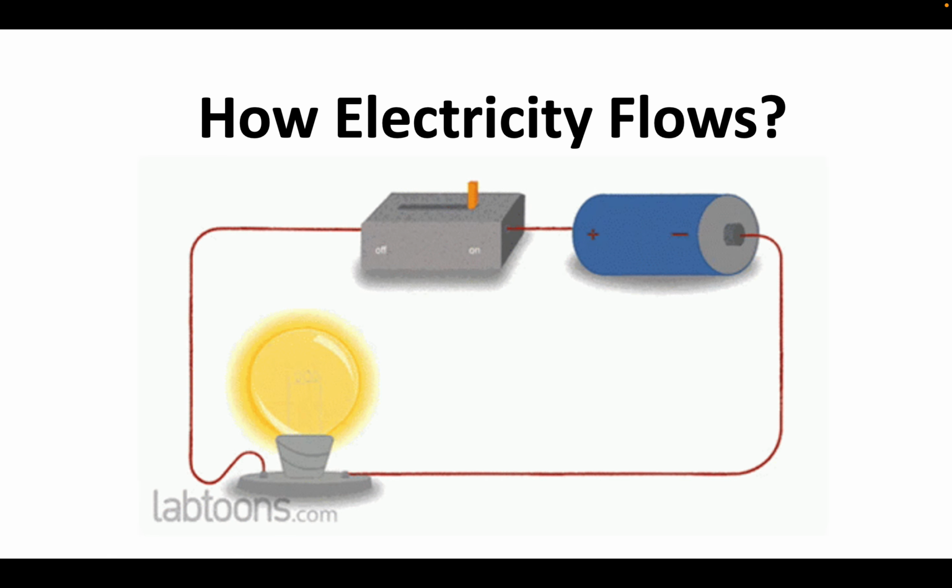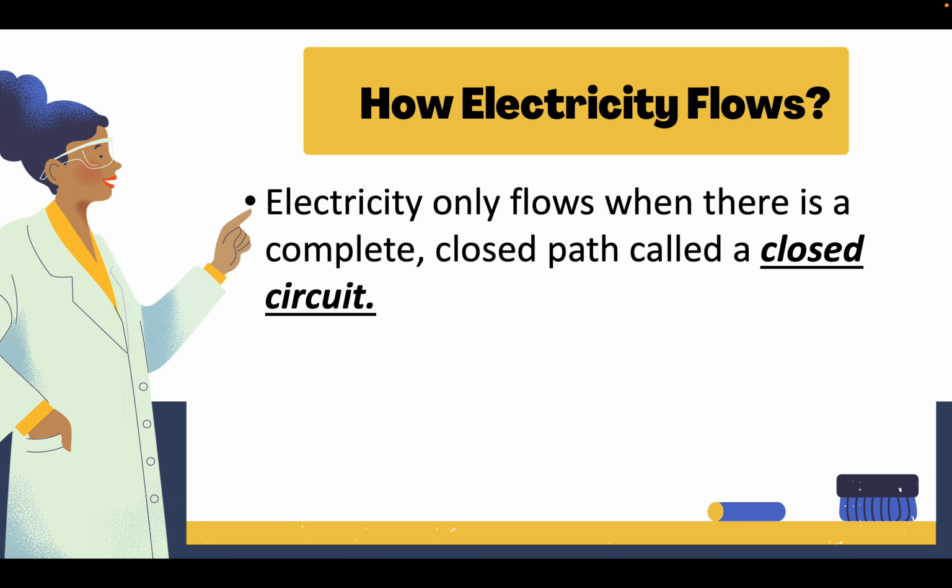So, how does electricity work? For electricity to flow, it needs a complete path. This complete path is called a closed circuit. Imagine electricity leaving the battery, traveling through the wires, lighting the bulb, and finally returning to the battery. That's how a closed circuit works.